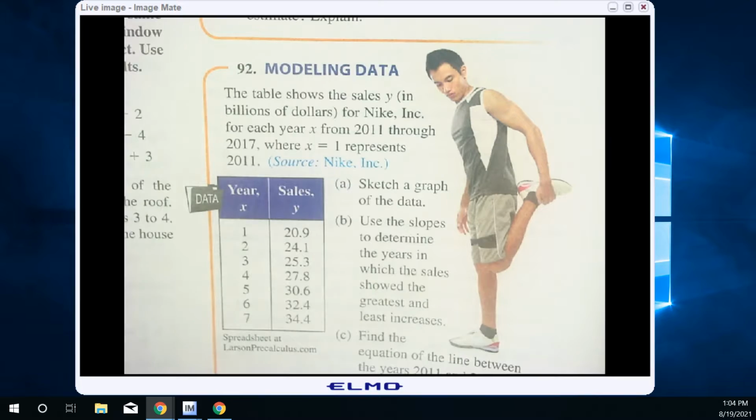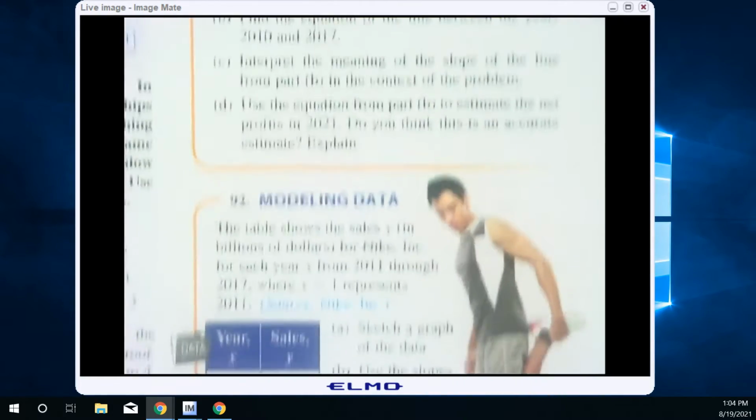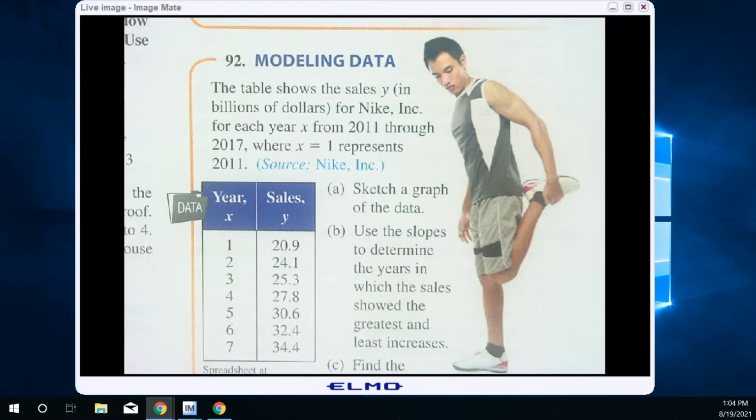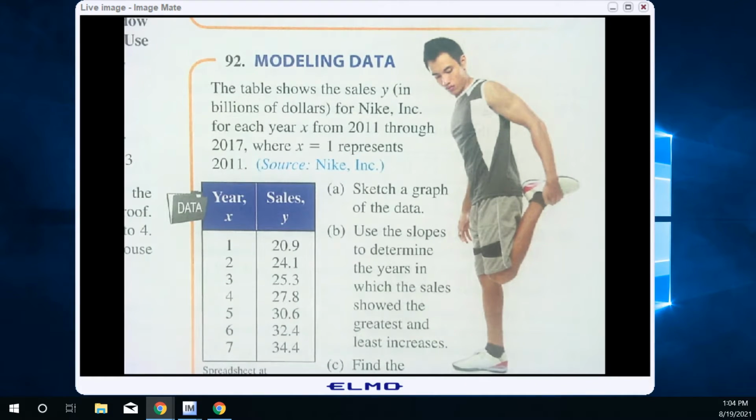Modeling. I know Miss Boyd did a lot of calculator stuff. Okay, so my question to you is, I don't want you to sketch by hand anything.